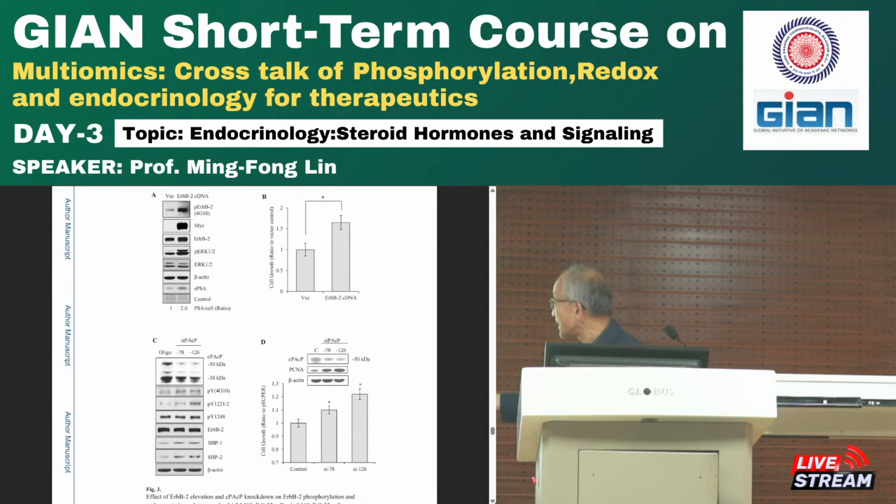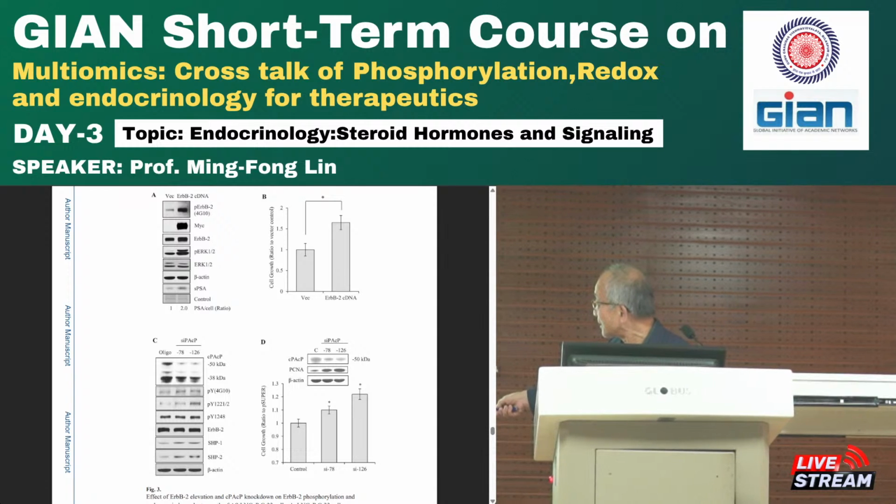So we used siRNA to knock down the phosphatase inside the cell. When the phosphatase was knocked down, decreased, then ERB2 phosphorylation goes up here.